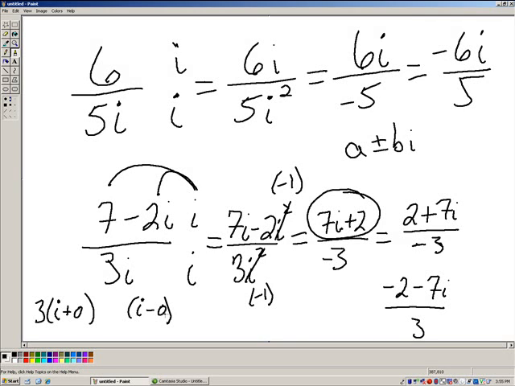You always multiply by the conjugate, and conjugates always make real numbers. And that's fine if they want to have that rule. I think it's just as easy to just say multiply by i. If there's only an i, you multiply by i. This is a monomial, so we multiply by a monomial, right? I think it's just as easy to say that.